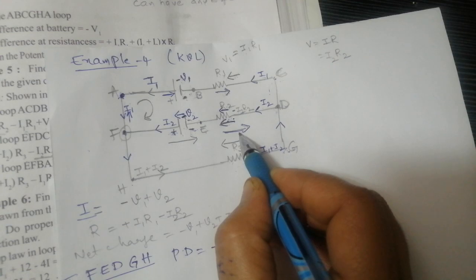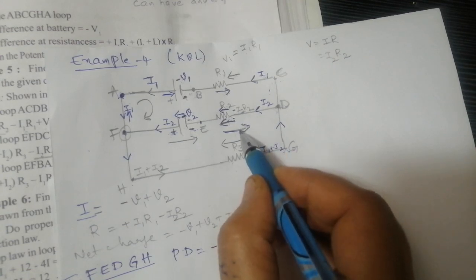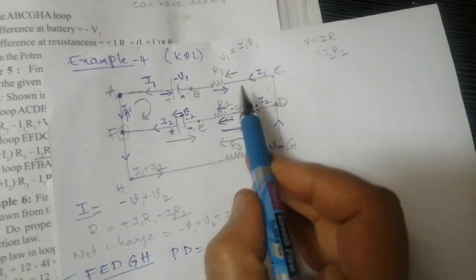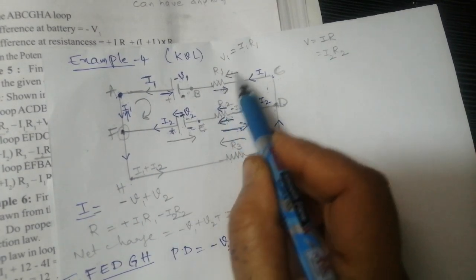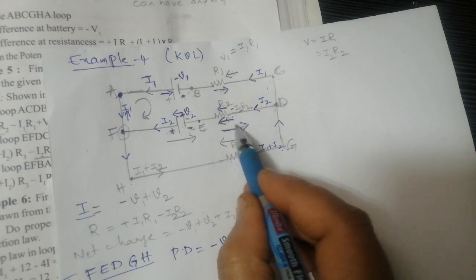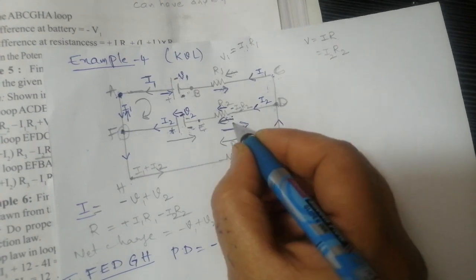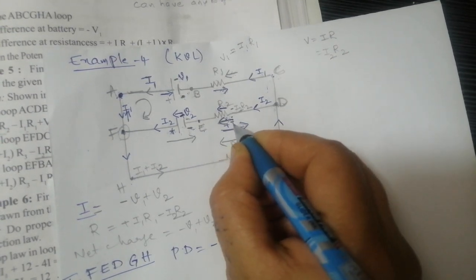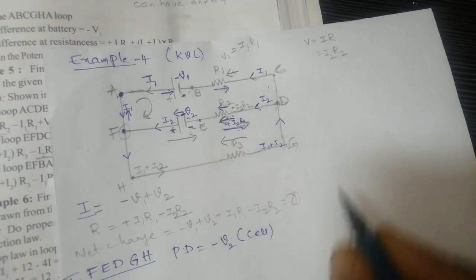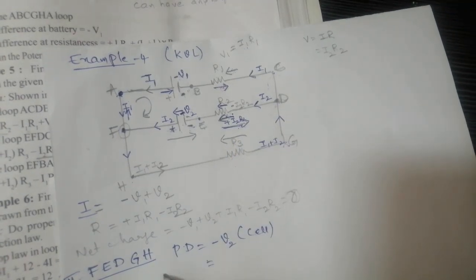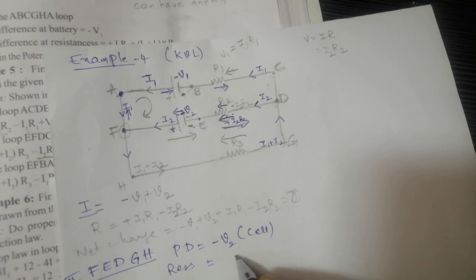Here we'll write plus. Opposite direction means plus. We have considered opposite direction here, and here also it is opposite direction, so we write plus. Minus I2 R2, here is the resistor. This is the resistor one.